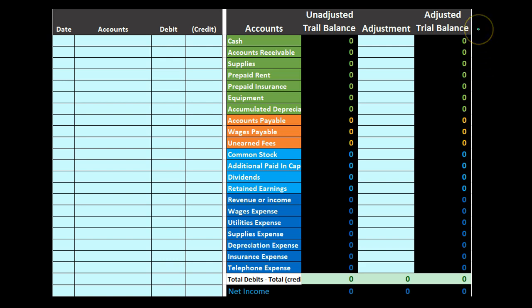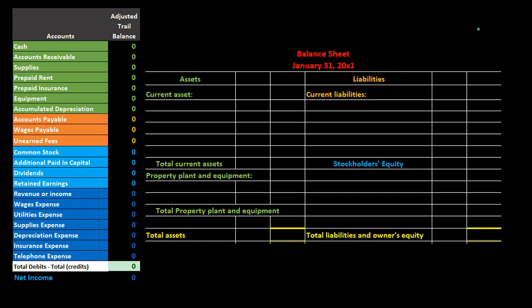Once we have the adjusted trial balance done, then we finally get to the main event. We get to make the balance sheet, the income statement, the statement of equity, and we will create that from the adjusted trial balance. So that's going to be our next worksheet, where we're going to have the financial statements that we will construct and build from the adjusted trial balance.